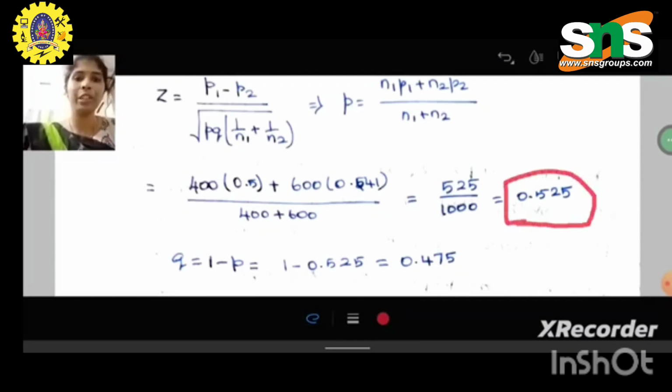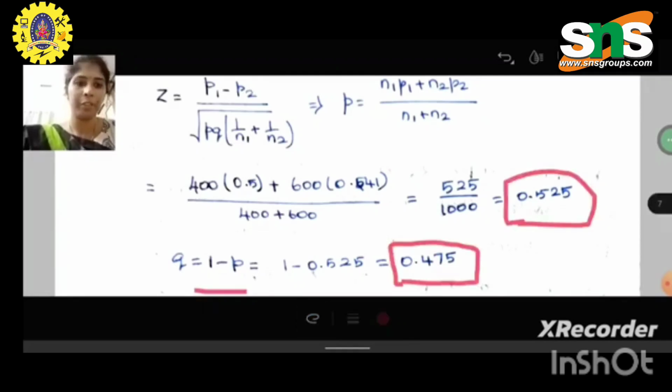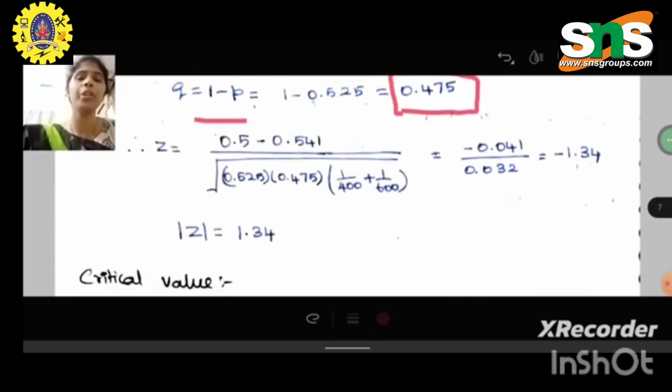To find Q, we have the formula 1 minus P. On substituting the value of P as 0.525, we get the Q value to be 0.475. Now we substitute the values of p1, p2, P, Q, N1 and N2 in the test statistic formula, so that we get the final answer, that is modulus of Z as 1.345.